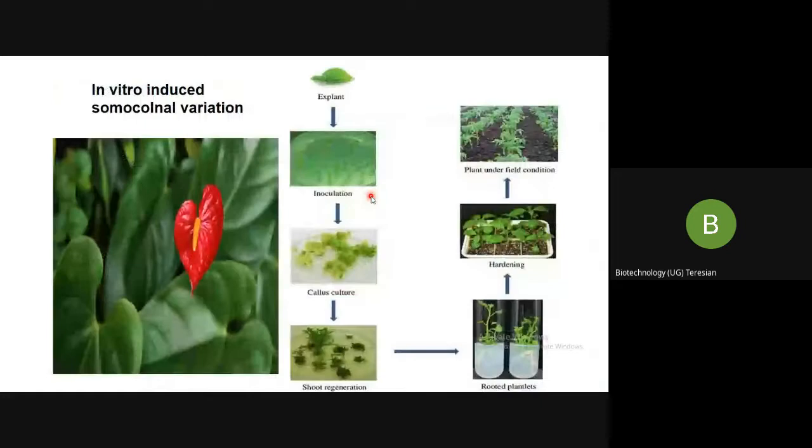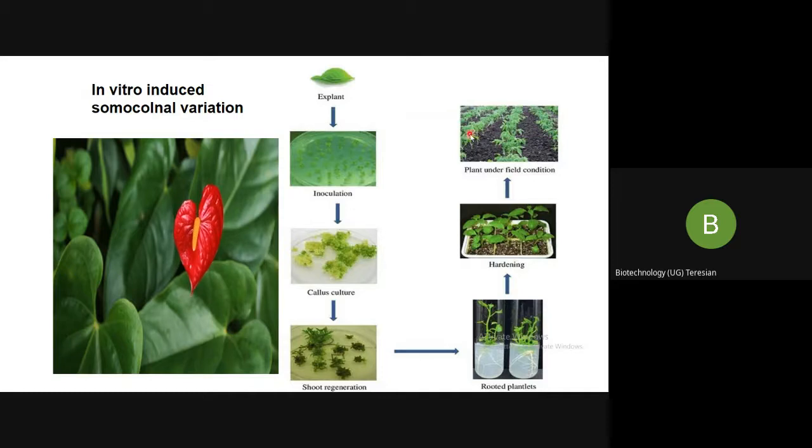So in today's class, let us look into the in vitro induced somaclonal variation. The second source of this variation is the in vitro induced variation. When we do in vitro induced somaclonal variation, we select a donor plant.